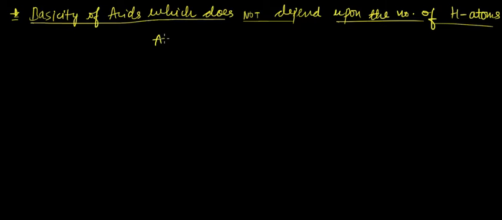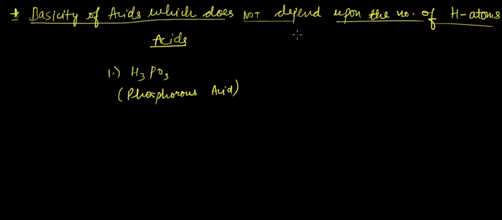So for example, if we have acids like H3PO3, which is phosphorus acid, the basicity of this acid is 2. So it seems like the basicity of the acid is 3.